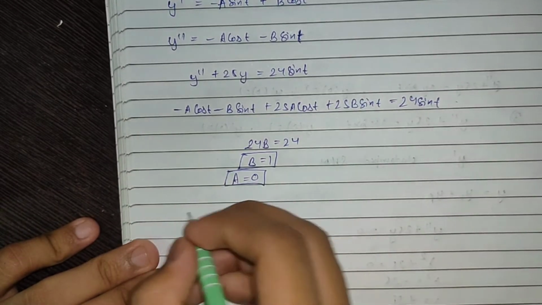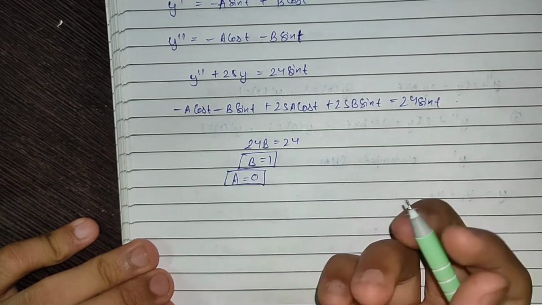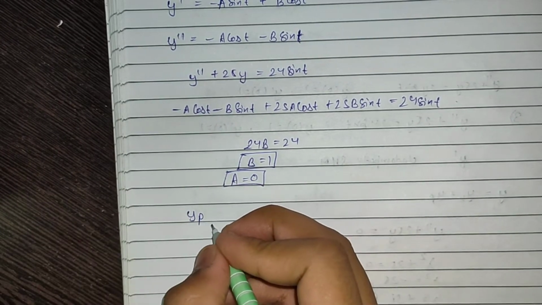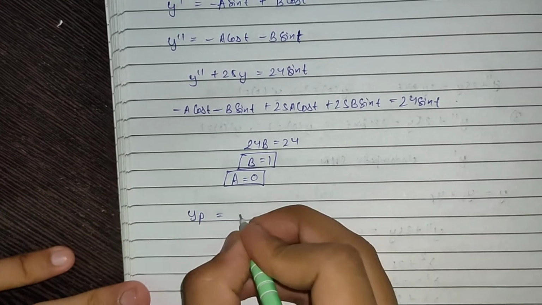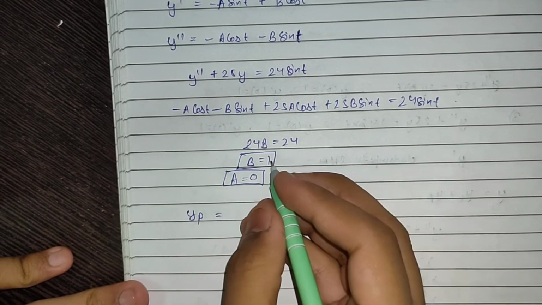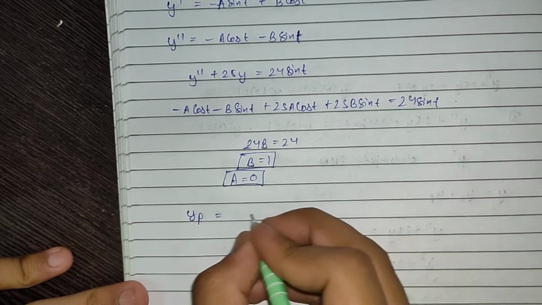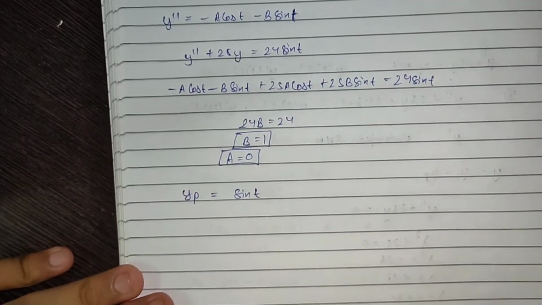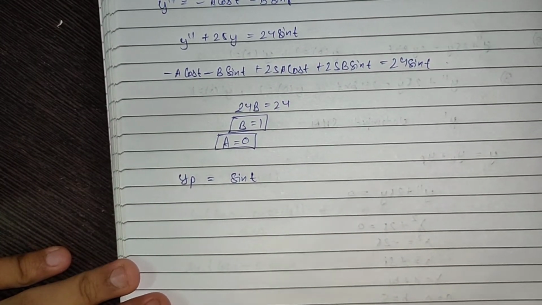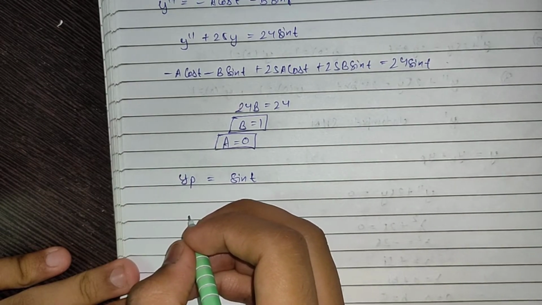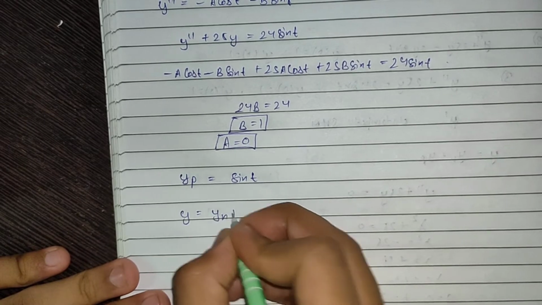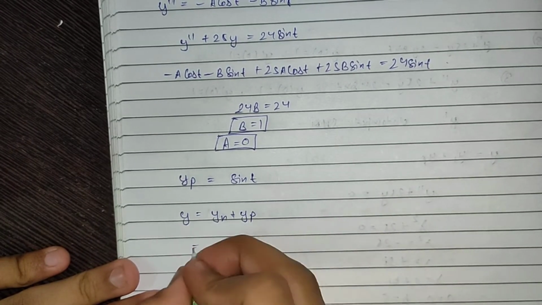So now our yp, when we put b is equal to 1 and a is equal to 0, is sin t. Now our y is yh plus yp, so we'll write it down.